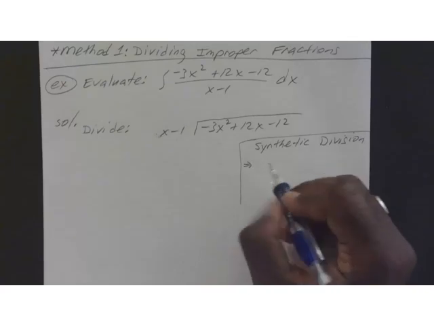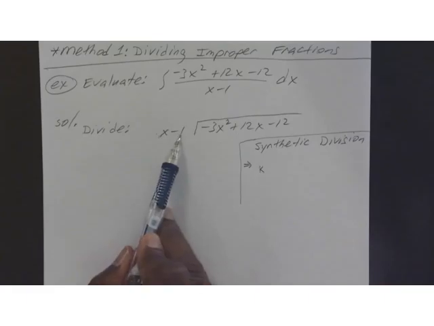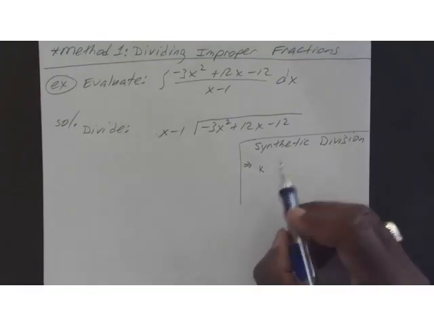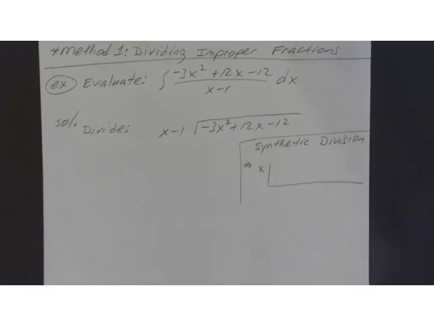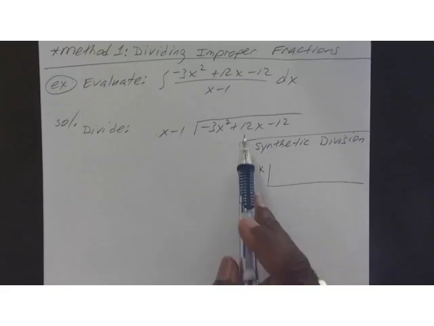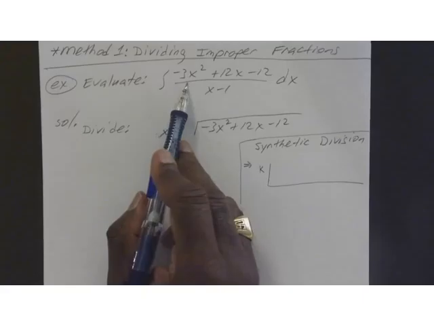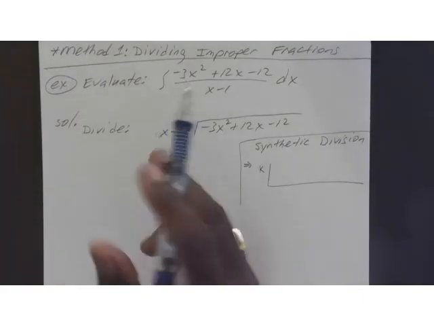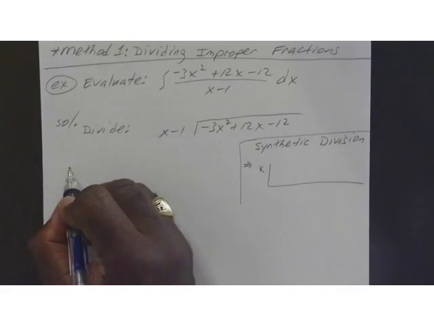Okay, so let's say you have some value that we will call k. And you list all of your coefficients in an inverted division sign. Since this is a quadratic function, I'm going to go ahead and write a quadratic example.